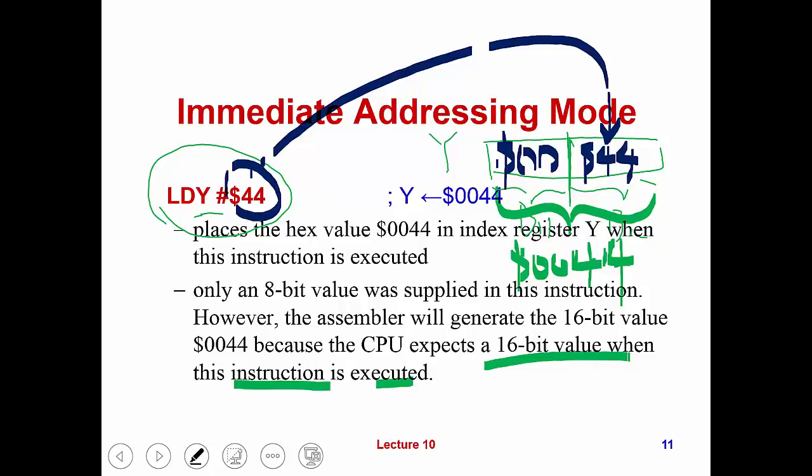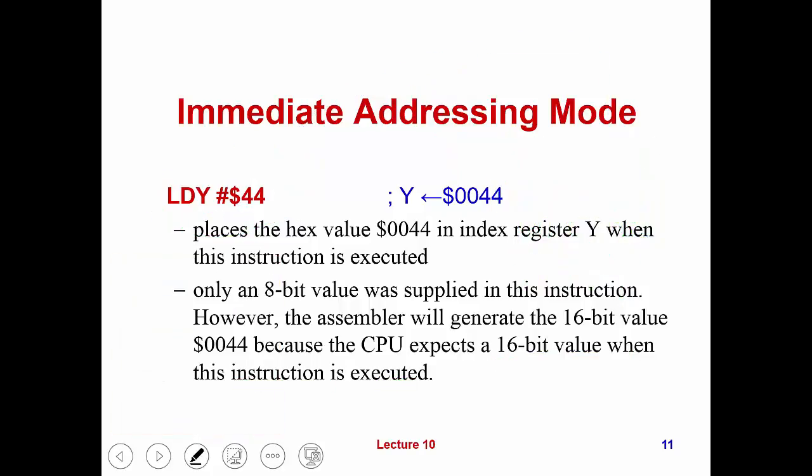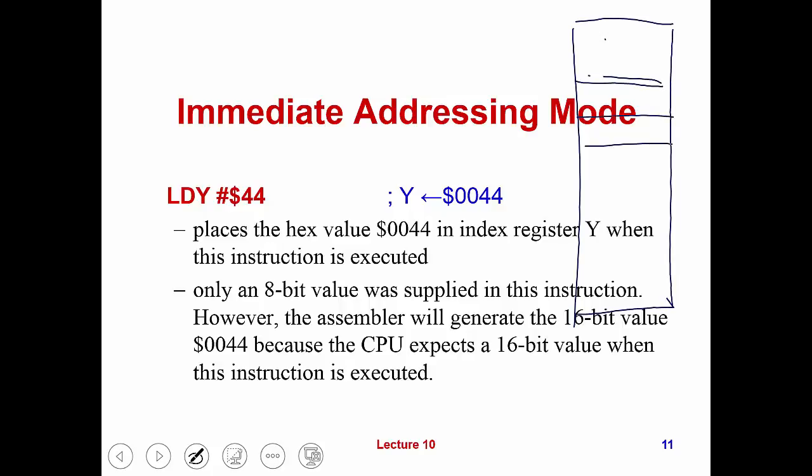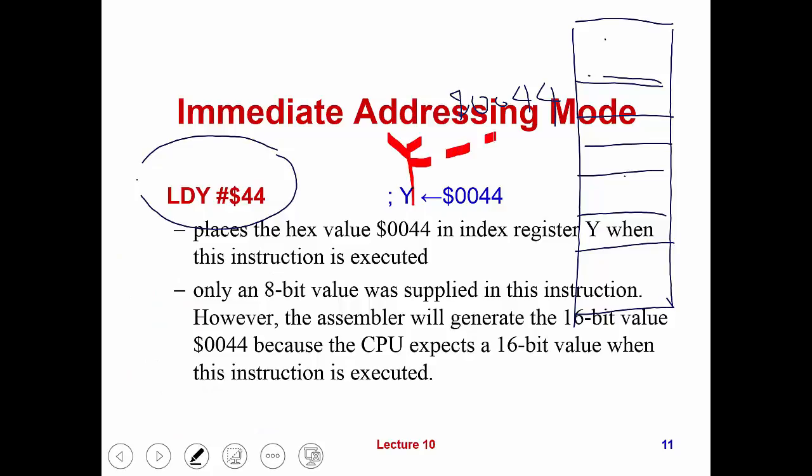Let me erase all of this. So what does this mean? After we do this, if the address of this memory location is 0044, then after the CPU runs LDY #$44, we make y point to this location.